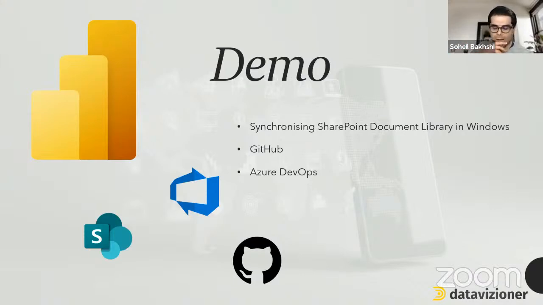If you are on the Power BI Pro licensing plan and you want to leverage this option, you can do that, and it's easy. GitHub also is available, and we will go through those steps, as well as Azure DevOps integration with Fabric workspaces or premium workspaces, and also on our desktop machine.